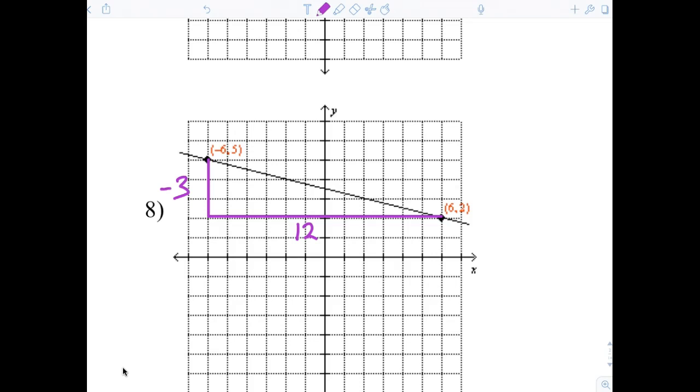So the slope is what? -1/4 or -3/12. Okay? Got that right?